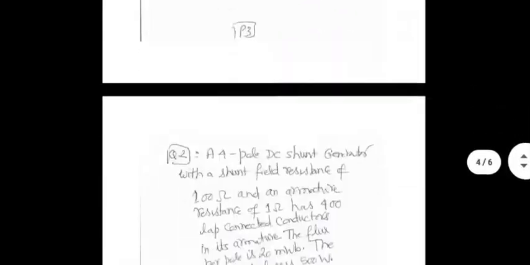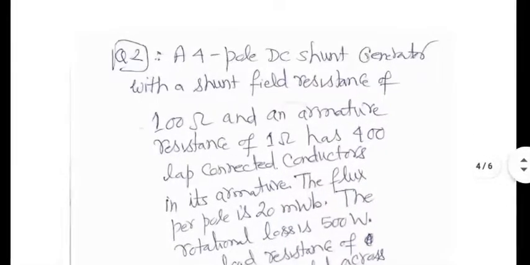Second question in this document is here.